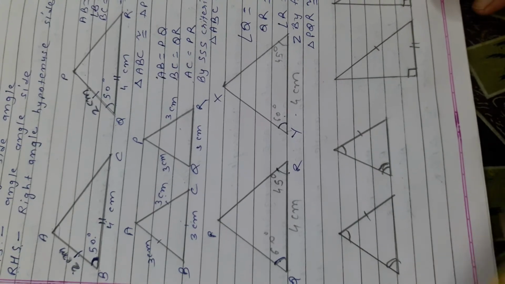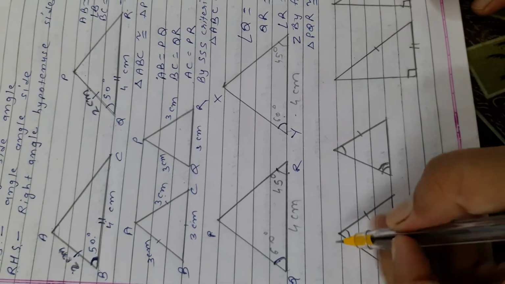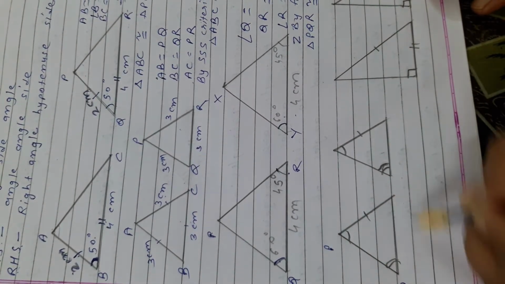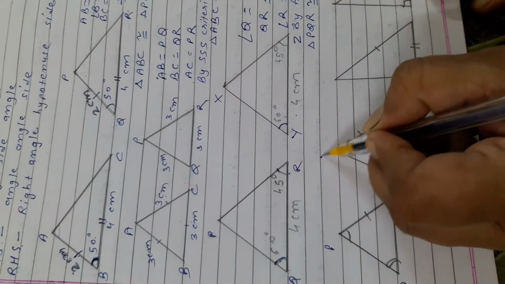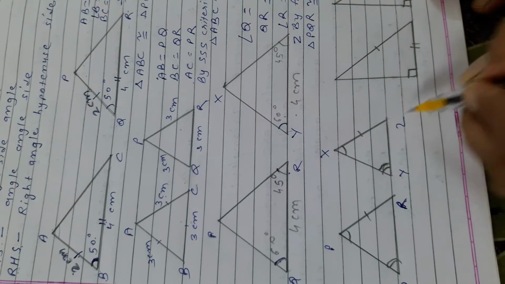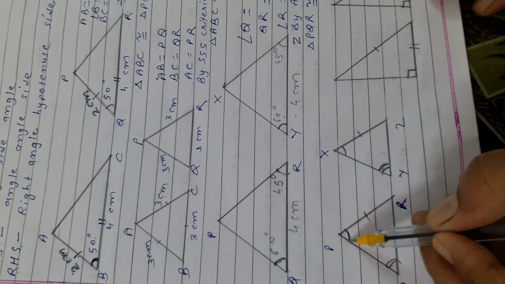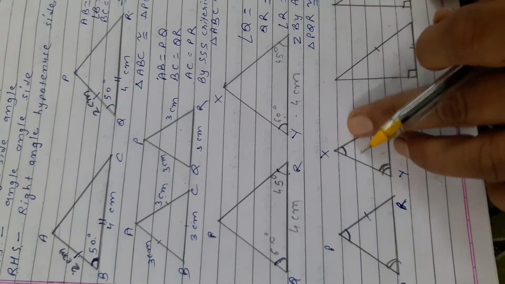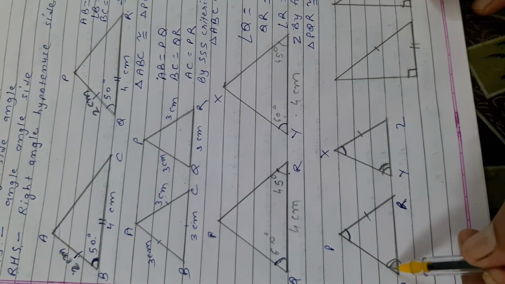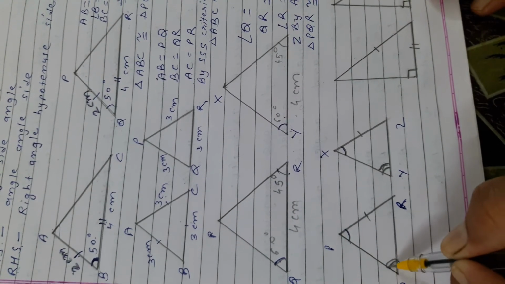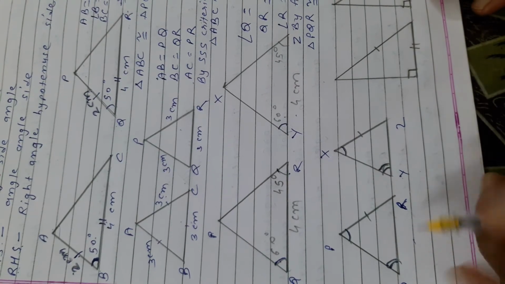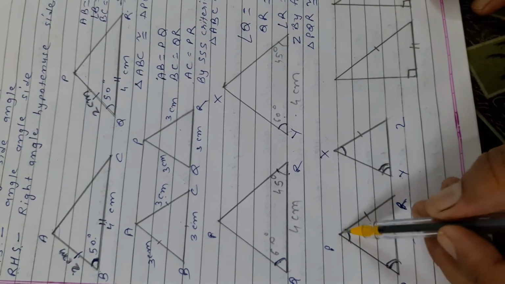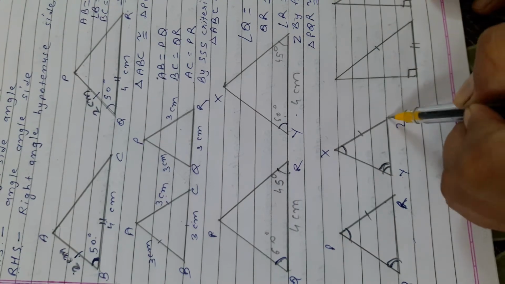Now here in this figure, say that this is triangle PQR and this is triangle XYZ. Now here angle P and angle X are same, corresponding angles are same. Angle Q and angle Y are same, and PR is same as XZ.